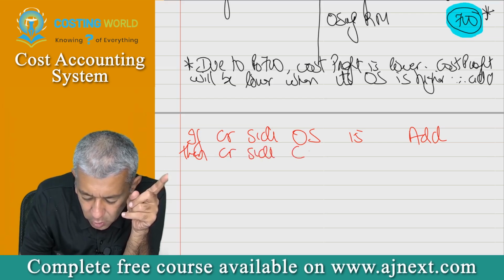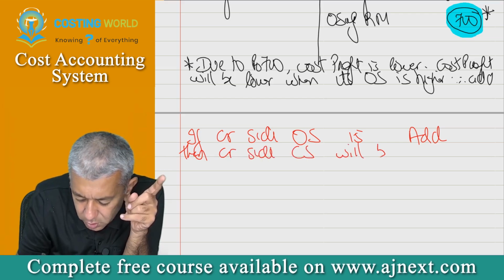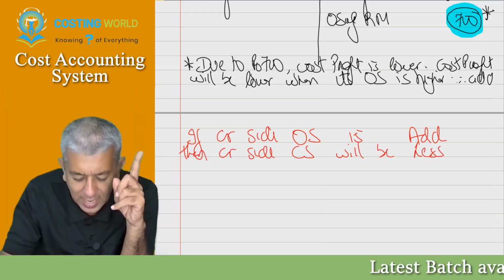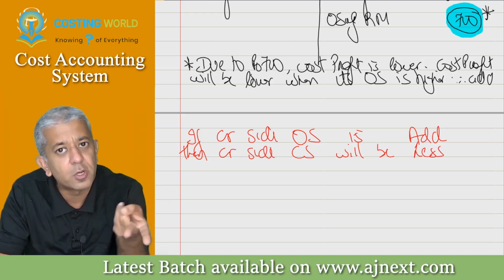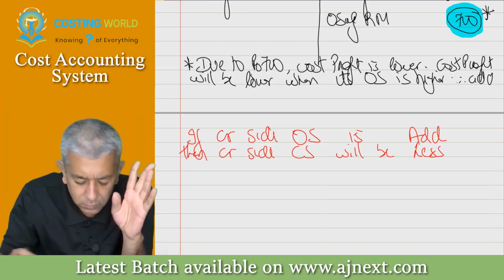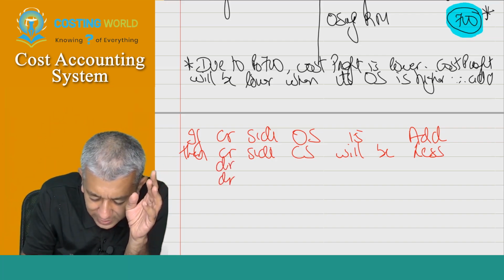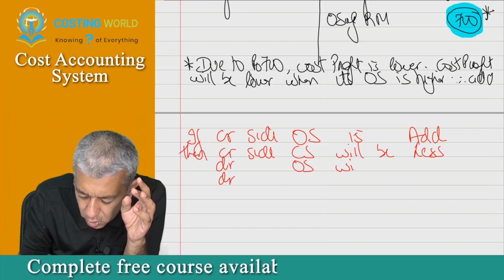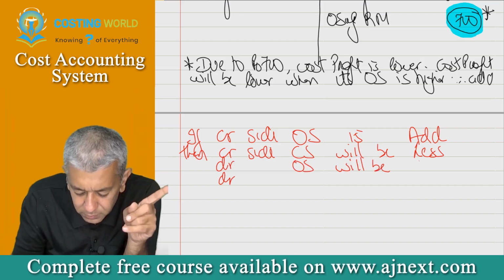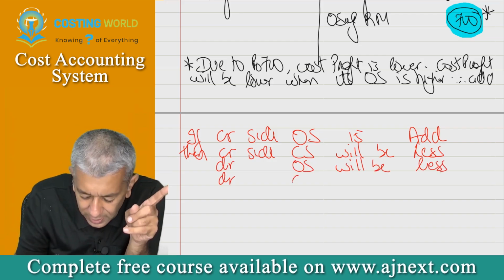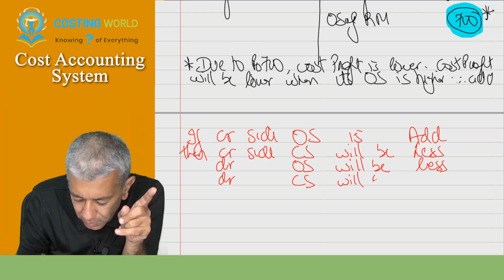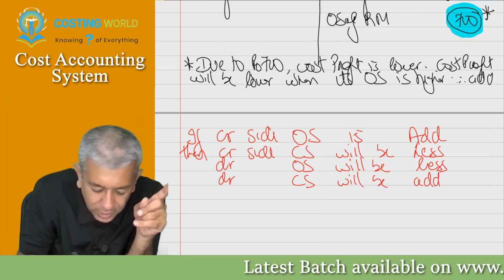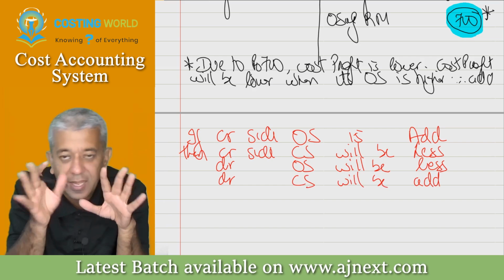Credit side closing stock will be less, no? And can we say debit side will be reversal rules as compared to this? Yes, sir. So debit side opening stock will be less, and closing stock will be add. You write down these four things and do add and less and finish it off, please.